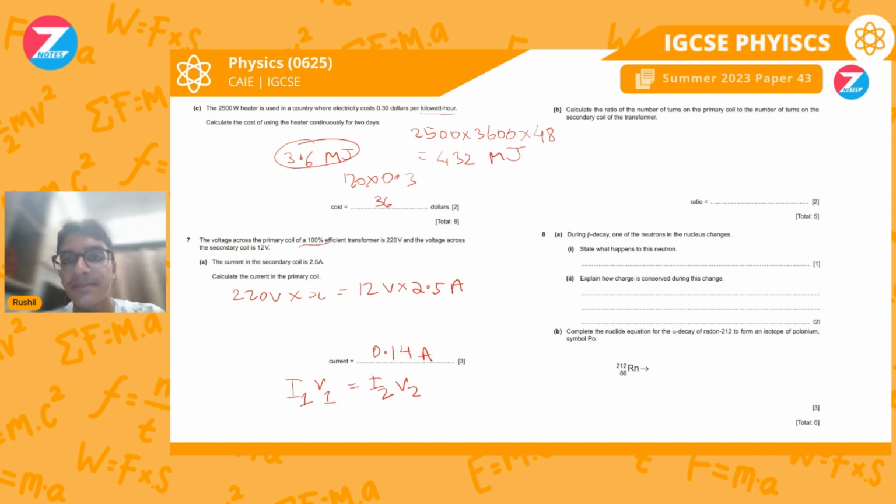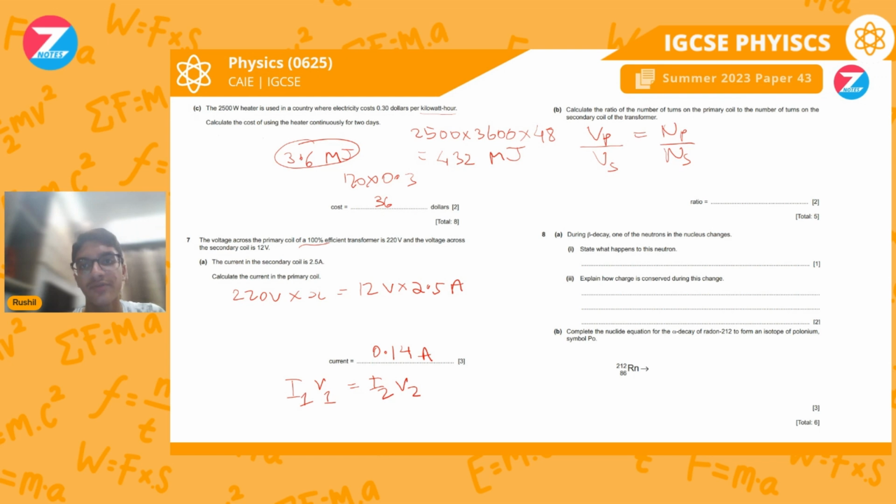Now, part B says calculate the ratio of the number of turns on the primary coil to the number of turns on the secondary coil of the transformer. We know that the ratio of voltage of the primary coil to voltage of the secondary coil is the same as the ratio of the number of turns, since the number of turns determines the voltage.